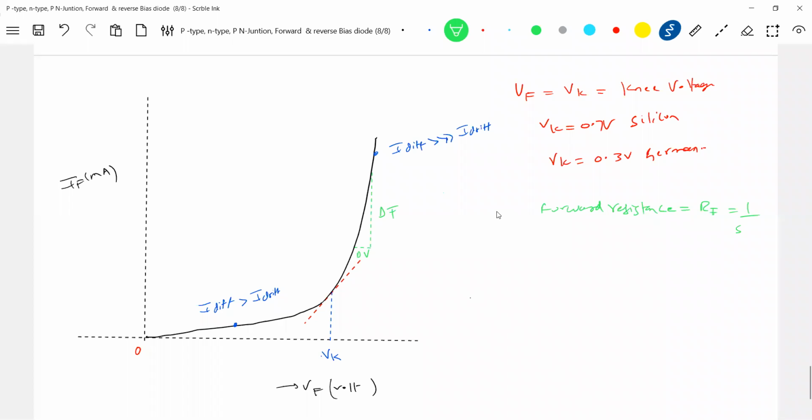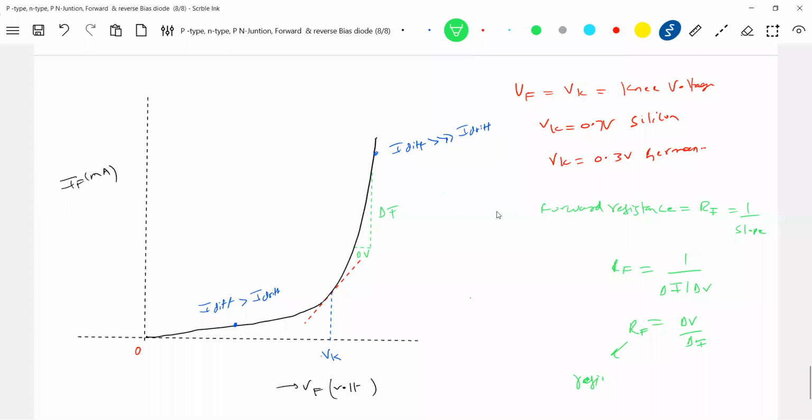This is 1 by slope here. So how much is it? Delta V by delta I, which is nothing but equal to delta V by delta I. We have to calculate the forward resistance. This is the resistance by the ohmic regions.